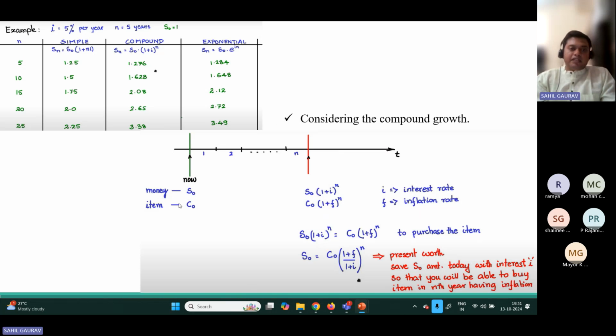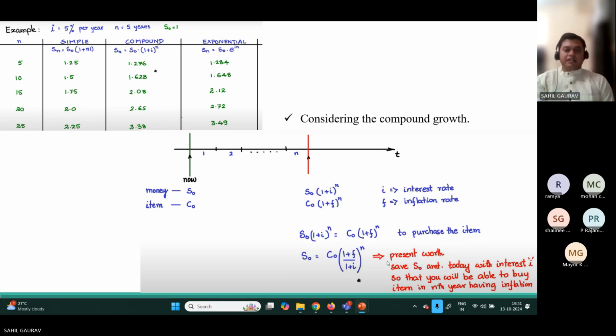So this money is related with the interest rate, while this item is related with the inflation rate. So whatever the value of money today is S naught, after n years its value will be S naught into 1 plus I upon n. While the item to be bought is C naught, based on the inflation rate its worth will be C naught into 1 plus F upon n.